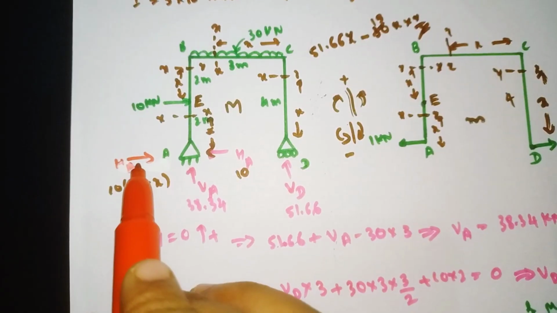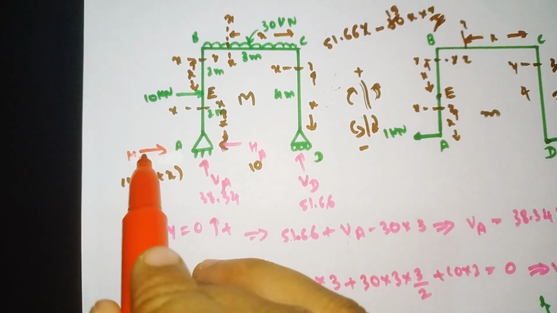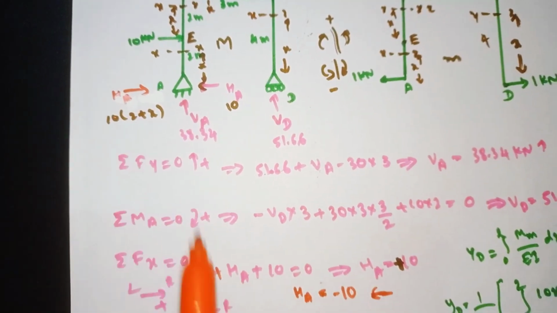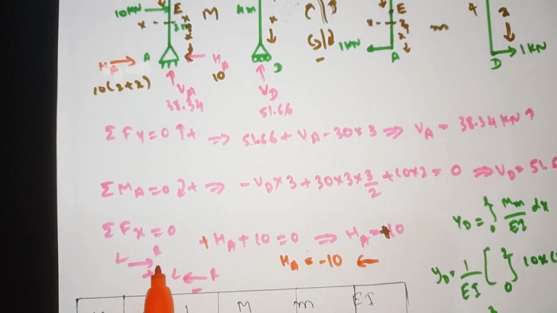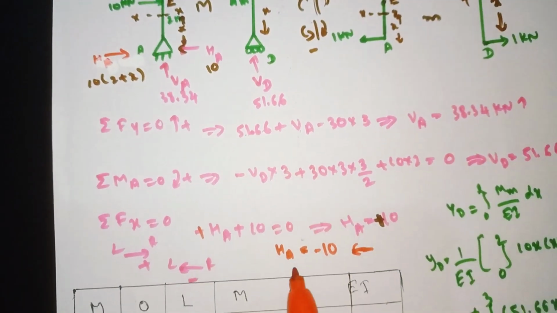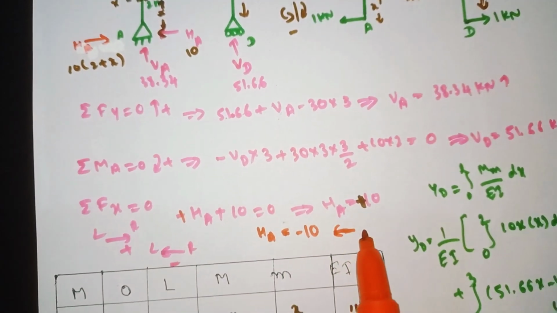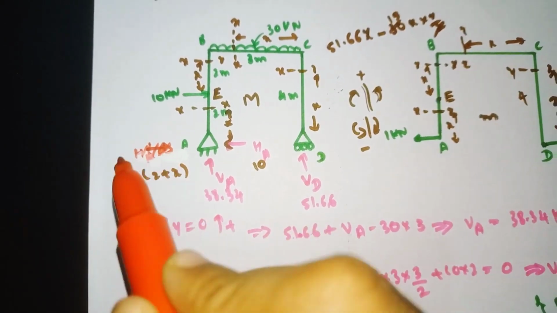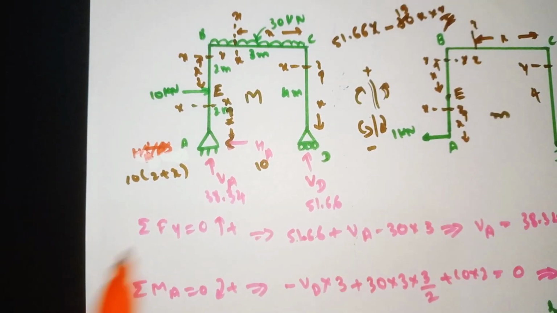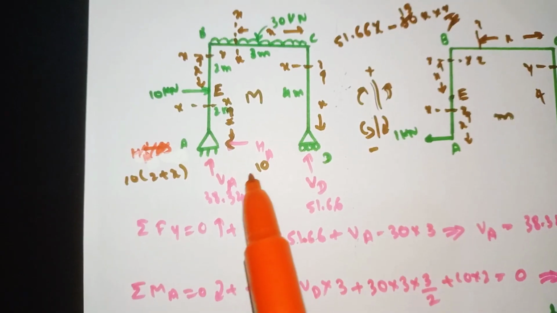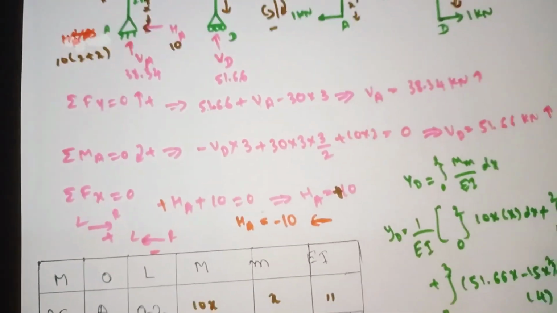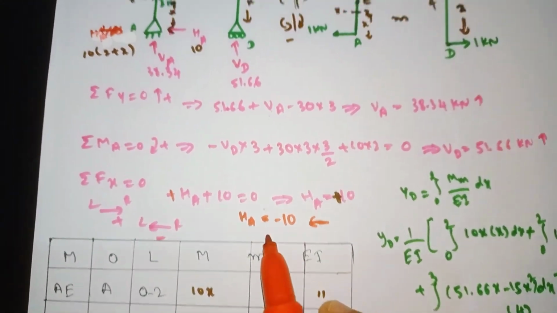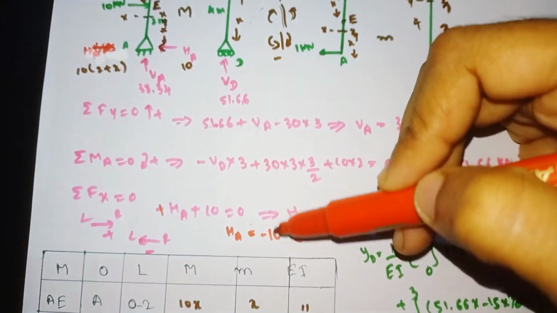Whatever direction we initially assumed, left to right, was incorrect. So our direction of HA will be right to left. We correct the direction, and since the direction itself says it is negative, we don't need to put the negative sign again. The HA value is minus 10.